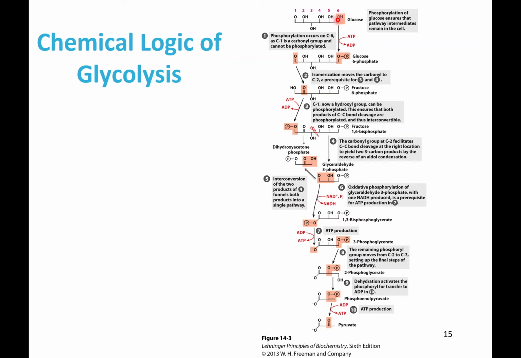So we have a 6-carbon sugar, glucose, and it's showing you at those carbons whether there is a carbonyl group or an alcohol, and what's going on at those different carbons. So this one might be helpful for some of you to read through to understand it a little better, or maybe you're able to remember some of these steps better by thinking about the chemical logic of it.